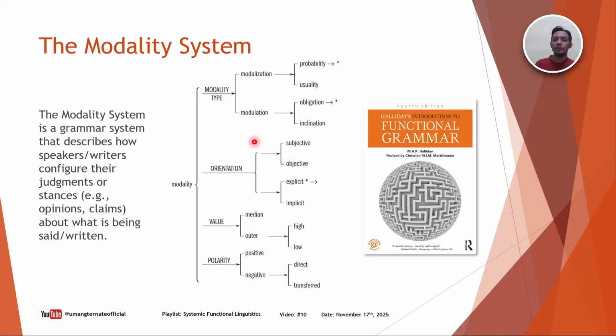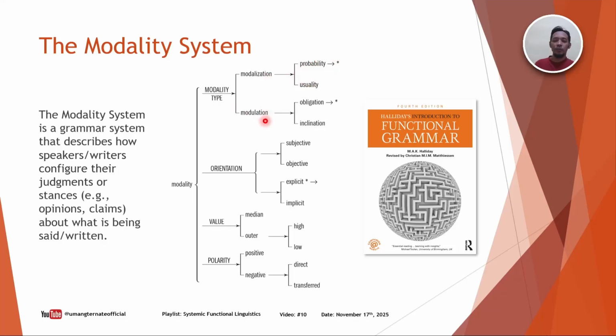But what this system shows us is the network of choices that the speaker makes in expressing the modality, depending on the interpersonal meaning being created and the commodity being exchanged. For example, modality of modalization consists of probability and usuality.